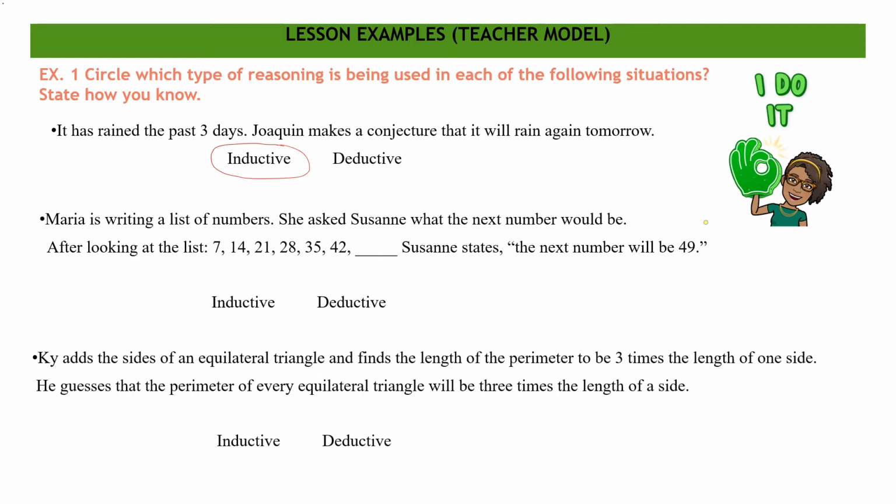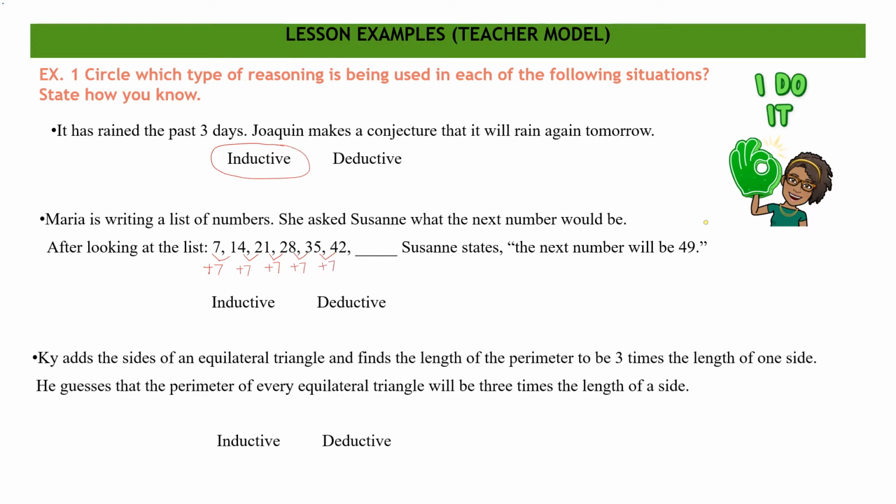Between 7 and 14, I have plus 7. Between 14 and 21, I have plus 7. 21 to 28 is plus 7. 28 to 35 is plus 7. 35 to 42 is plus 7.